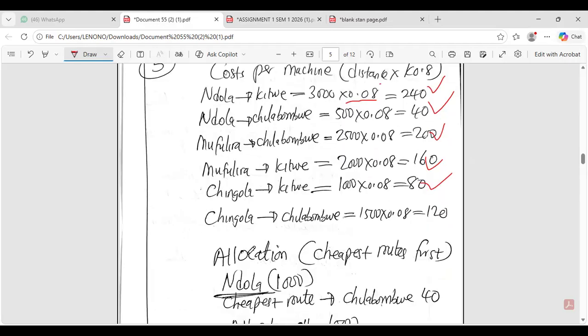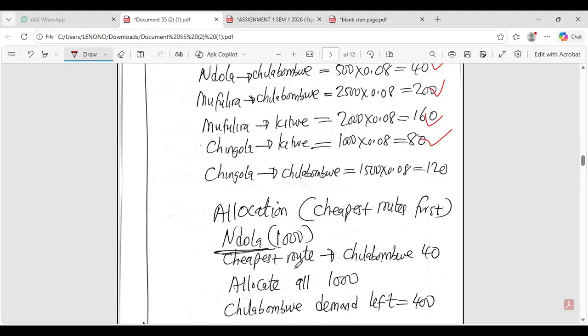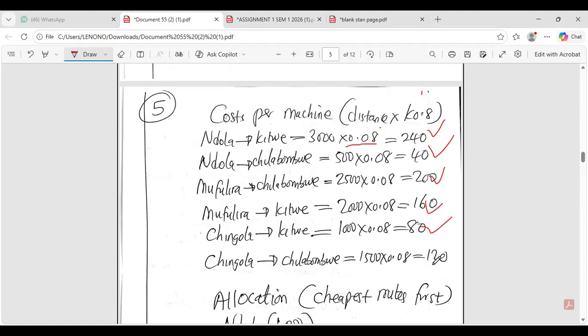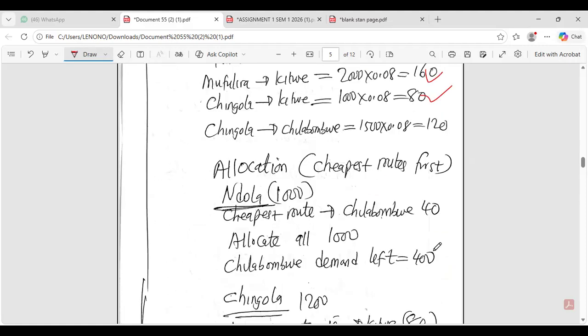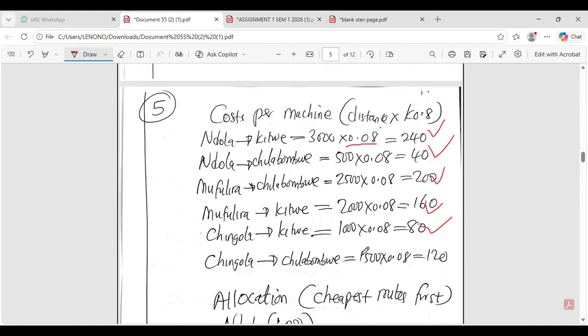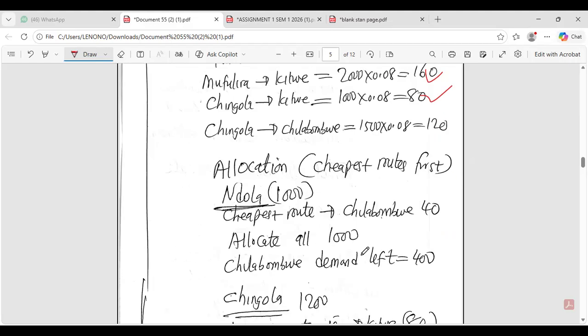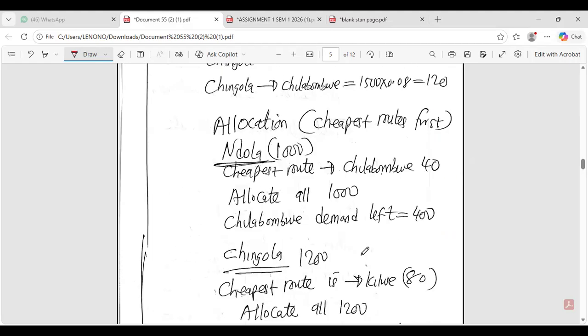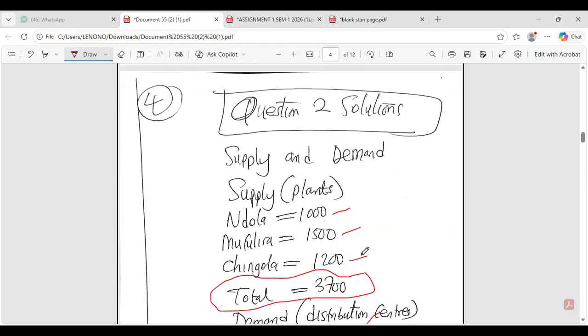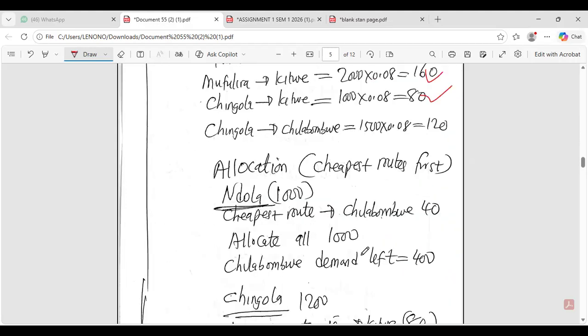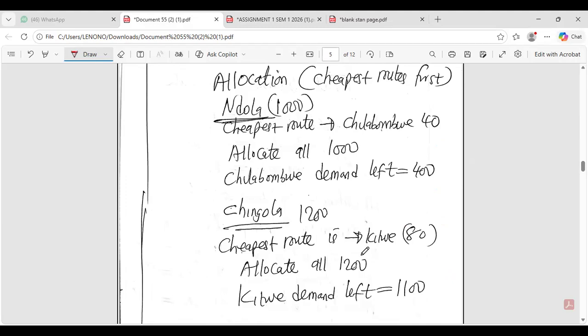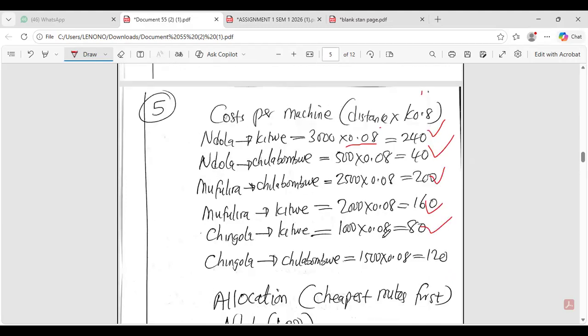The allocation, cheapest routes first. Ndola 1,000, cheapest route is 40 from there, among all these ones. Okay, they allocate all the 1,000 from there. The Chilabombwe demand left is 400. Okay, and we have Chingola is 1,200. The cheapest route is 80 now from there.